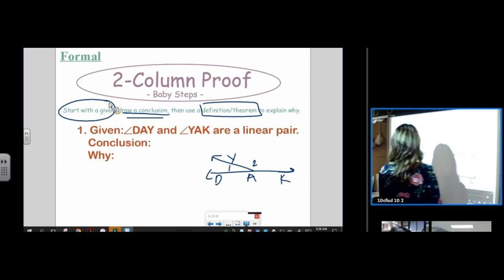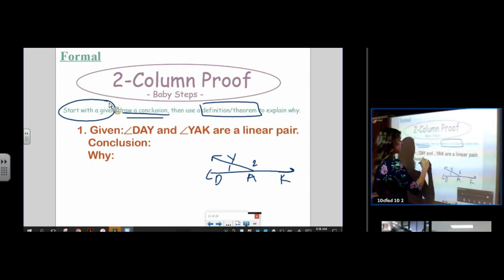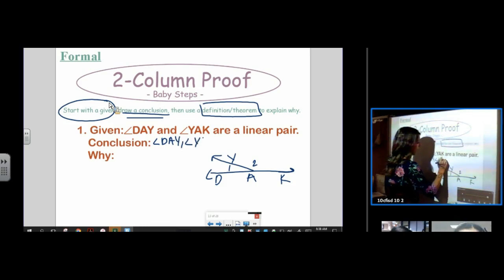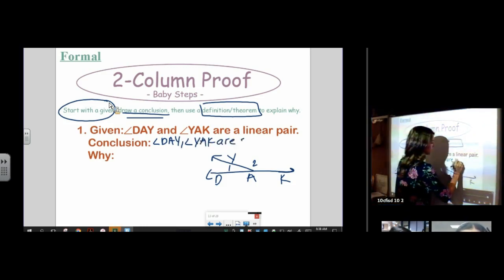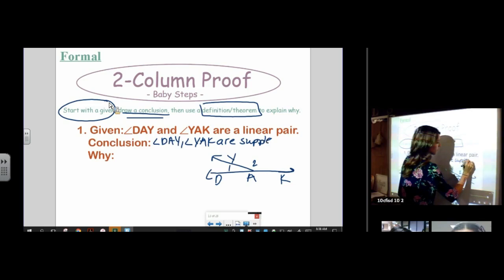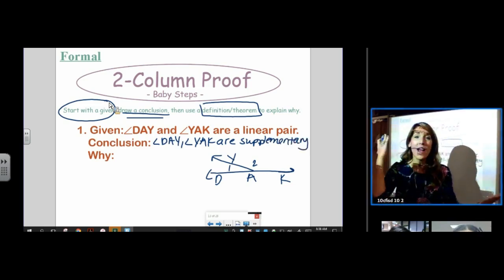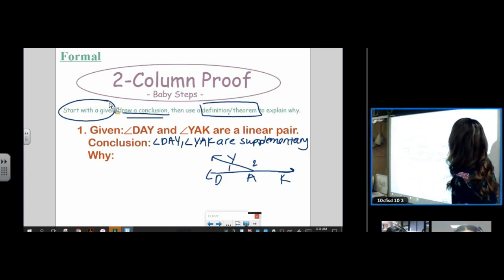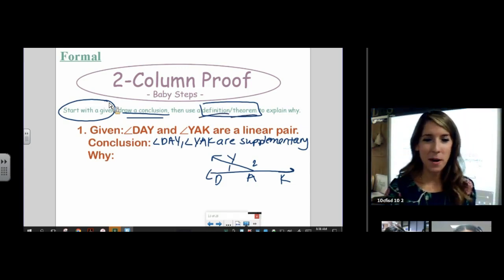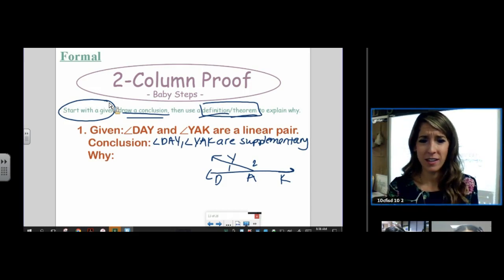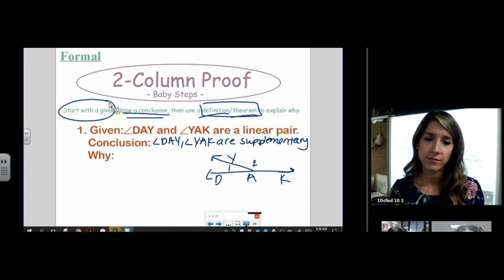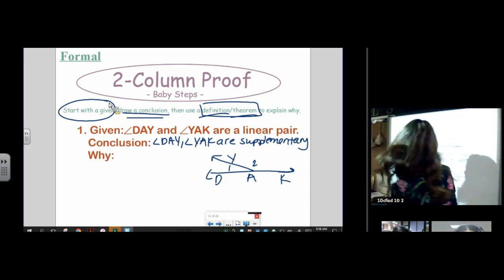So we're going to conclude that angle DAY and angle YAK are, this is a long word, oh my goodness, supplementary, and now we have to back it up with a definition or a theorem. What do you want to say? Why are they supplementary? Someone's like, why? Tell me why. I don't believe you. What do you say? Yes.